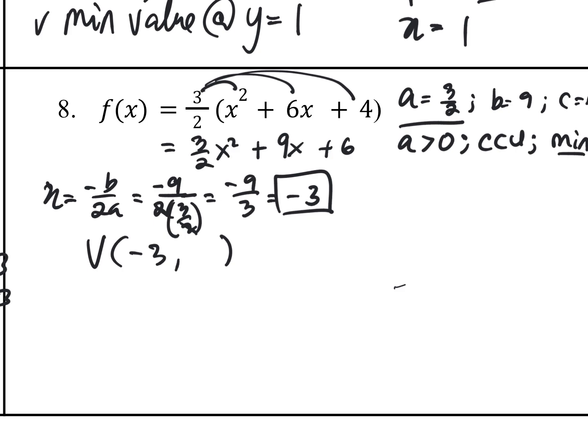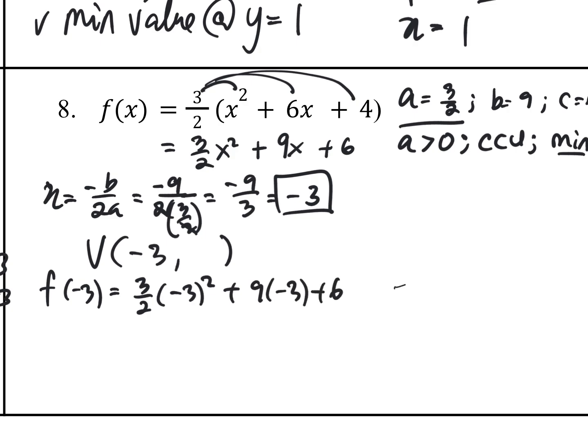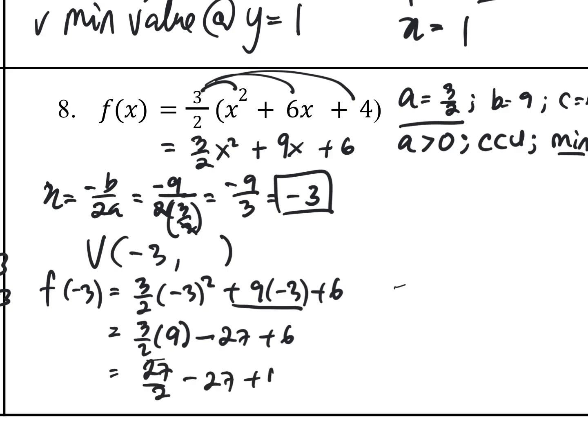Now let's find the y coordinate, which is f of negative 3. It is going to give you 3 over 2 times negative 3 squared plus 9 times negative 3 plus 6. Okay, so this is going to give you 3 over 2 times 9, which is 27 over 2, minus 27 plus 6.